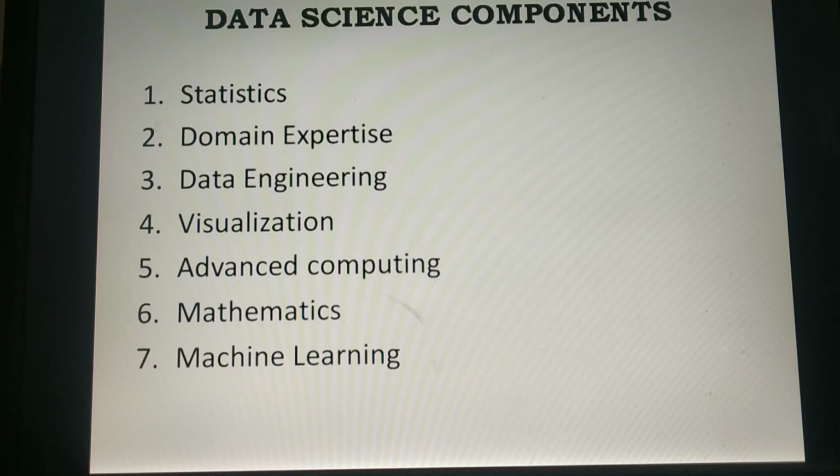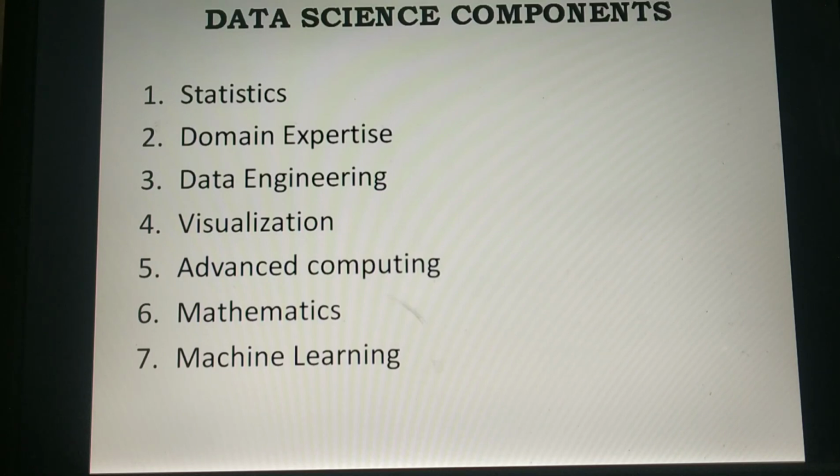domain expertise. Domain expertise binds data science together. Domain expertise means a specialized knowledge or skill for a particular area. It means having specialized knowledge, very particular information about a particular concept or topic or area.